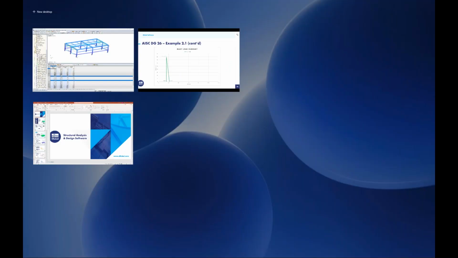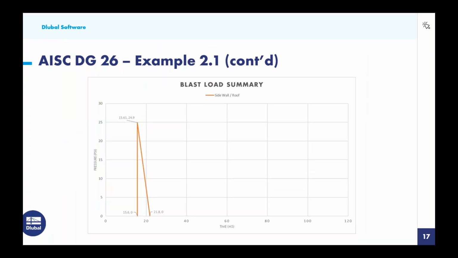So going back to the PowerPoint, let's get a quick refresher on what this should look like. Remember, the time diagram really looks identical to what we just saw for the front wall, with the difference that our pressure is going to be much less here, only 24.9 compared to the 79.5 for the front wall, because this blast wave is just sweeping over these surfaces rather than reflecting.